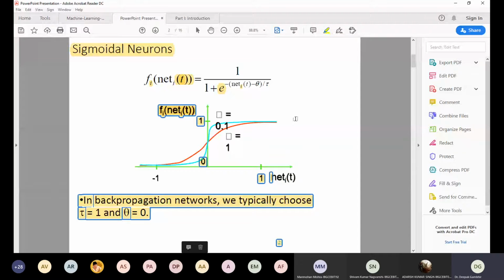This is important because sometimes they ask in the question that for the sigmoid function, the resulting output is between 0 to 1, whereas in the previous case, we have seen the resulting output is between minus 1 to 1, as we have seen right now here for this case.